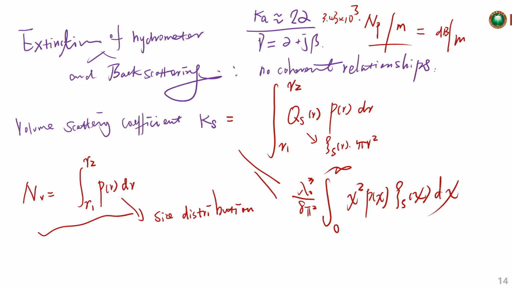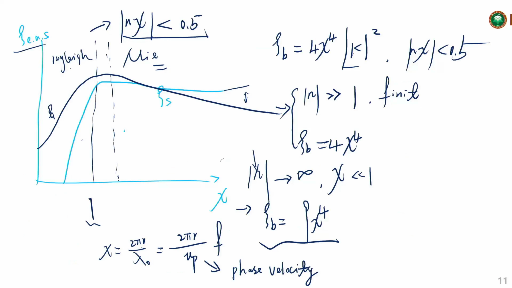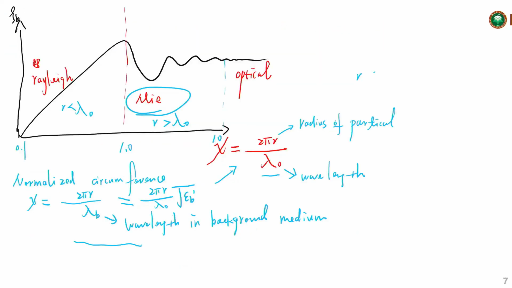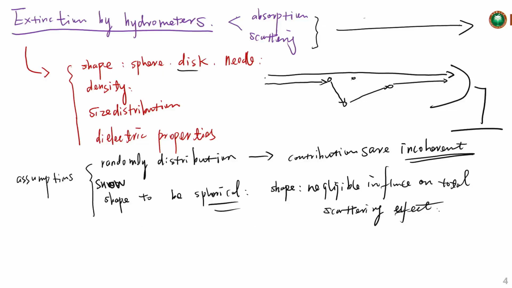We come back to our previous introduction. We assume the shapes are always spheres, right? And we analyzed the density of the particles expressed by rho_s and rho_w. They are constant.